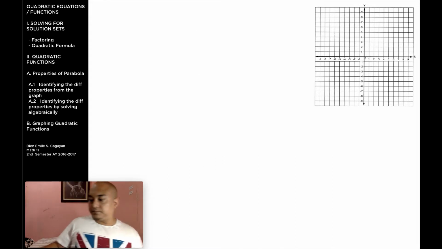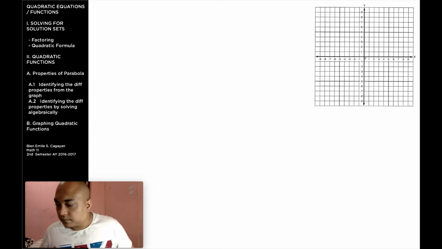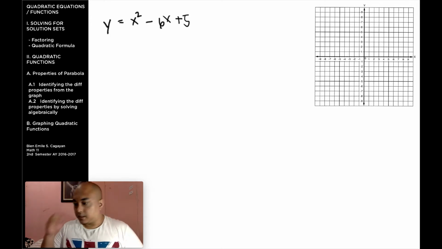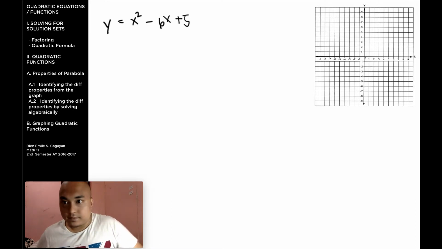Now, from a graph with the vertex 3 and negative 4, with this equation, x squared minus 6x plus 5. To check the concavity, let's try to graph that.